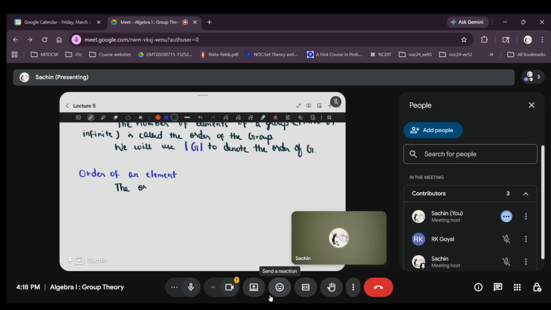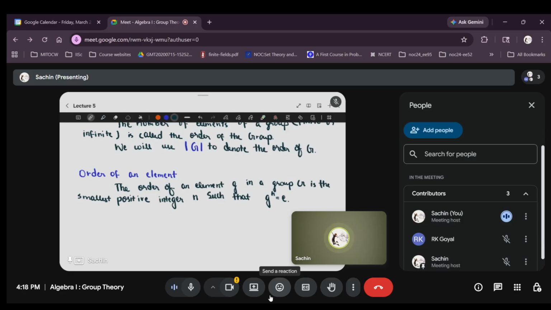And the order of an element small g in a group capital G is the smallest positive integer n such that g power n is the identity.